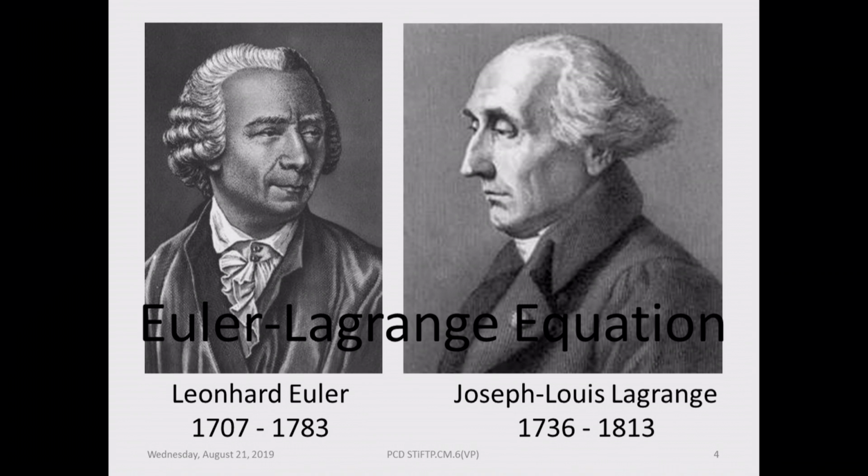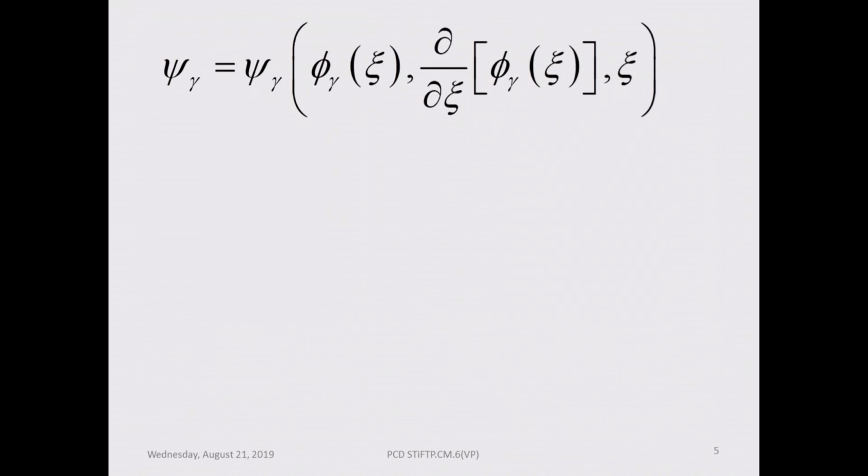But the formalism is very general, and it has a very rich history, which I will not really go through. But the major contributions are from Euler in this particular matter, in setting up the Euler-Lagrange equation. So let me quickly go through the Euler-Lagrange equation, which is a general formulation.